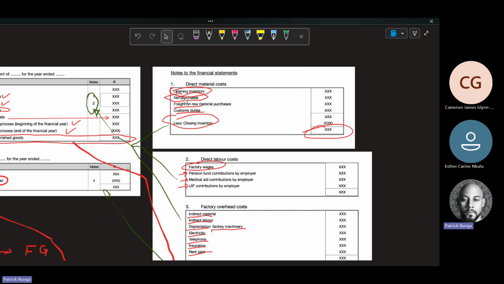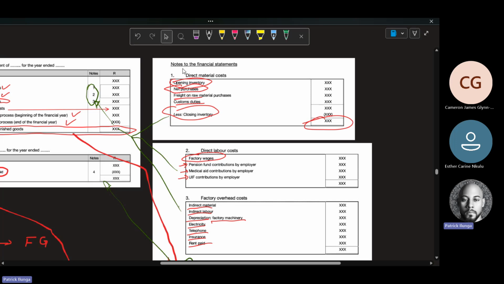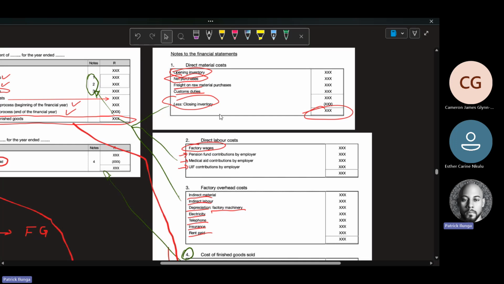That allows you to take the material and bring it to the production facility.